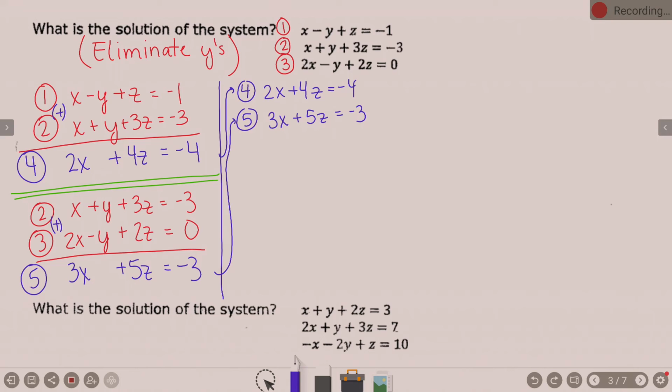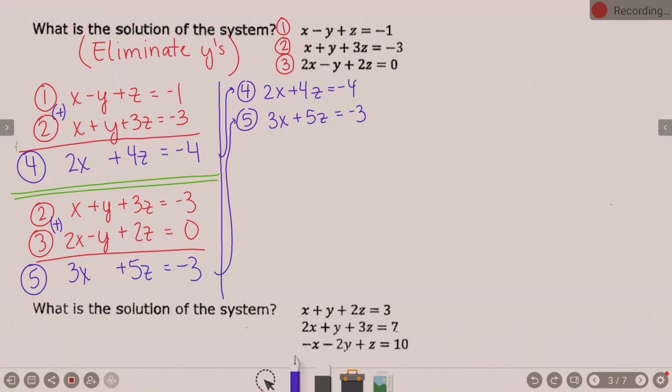Your job is to find x or z using the same techniques you would have on the quiz. I know not everyone's taking the quiz, but the quiz had substitution and elimination on it. I'm focusing on elimination today, and this isn't set up for substitution anyway. So as you look at 4 and 5, pick a variable to eliminate and make it happen.